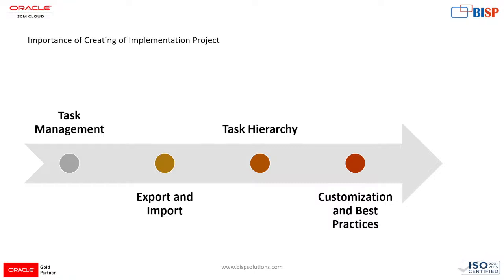Customization and best practices. The implementation projects allow you to customize the default setup and best practices to align with specific business requirements. Furthermore, they enable the setup process to be managed as a project, distributing the responsibility across different users while effectively tracking their progress.